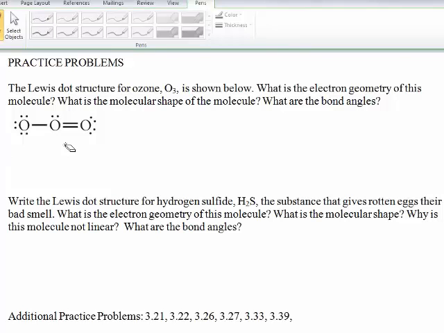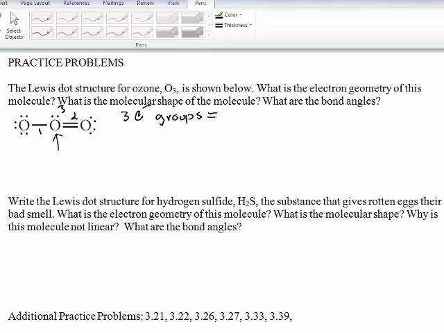What is the molecular shape of the molecule, and what are the bond angles? So, first of all, the central atom here, oxygen, has 1, 2, 3 electron groups, right? 3 electron groups.